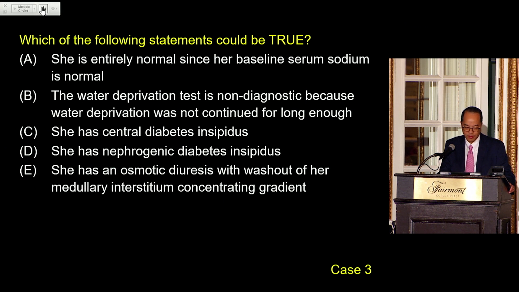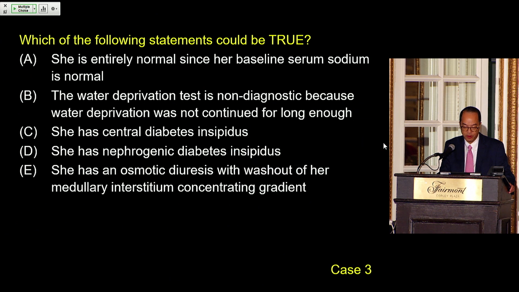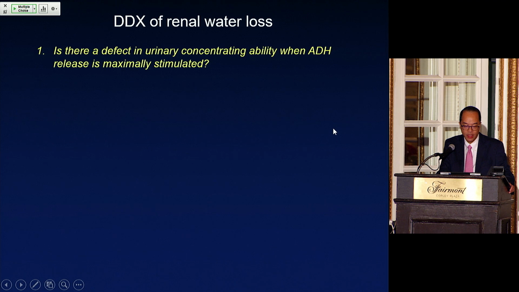Okay, let's see what people thought. All right, good. So most people thought she had central DI, which is what I would agree with. So in a patient that has renal water loss, the first question you want to ask is, is there a defect in urinary concentrating ability when ADH release is maximally stimulated?